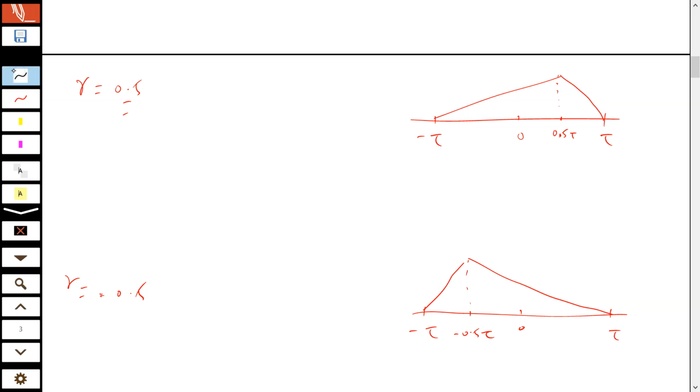Maybe I'll now use another color, and let's use another value, 0.75, and here it will be minus 0.75. 0.75 means that it will be somewhere here, so the change of slope will be there. And this is minus 0.75, so it will be between minus 0.5 tau and minus tau here. So the change of slope will be here. Now you can easily see that all those cases are possible.